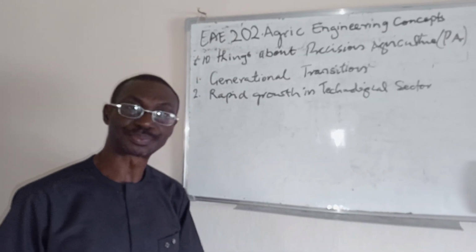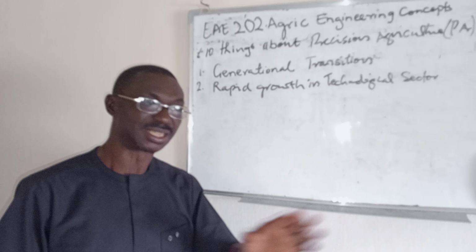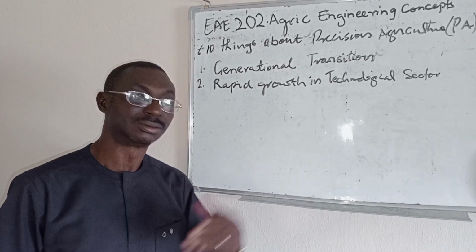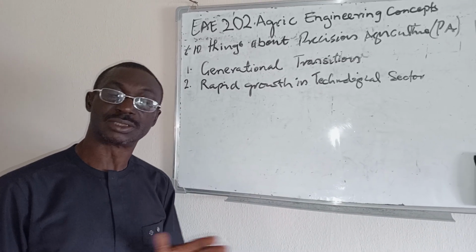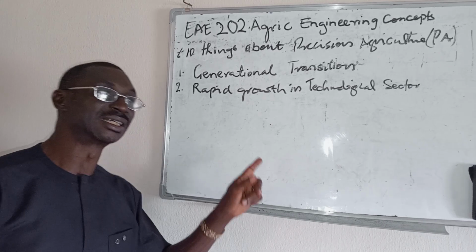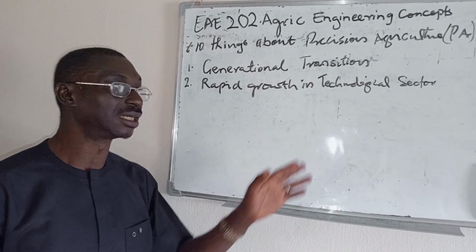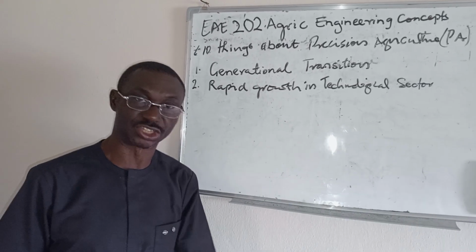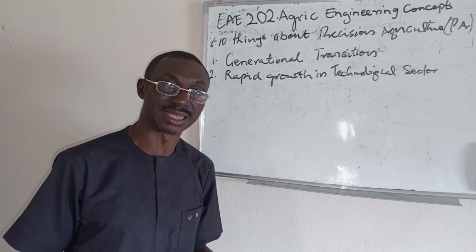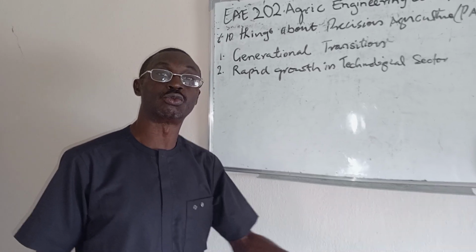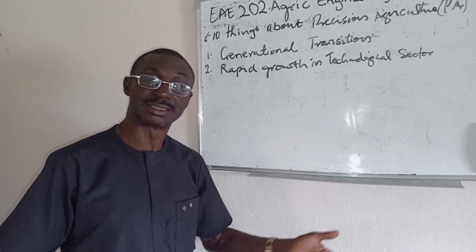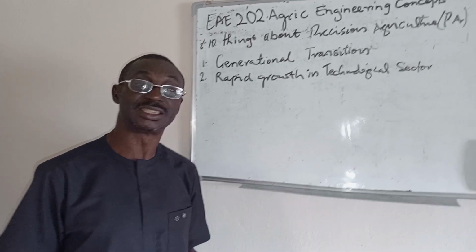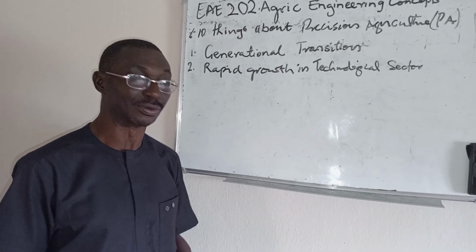Water application, pesticide application, weedicide, and so on. In fact, it's this technology that brought about fertigation, application of fertilizer through irrigation water. And it achieves what it's meant for.